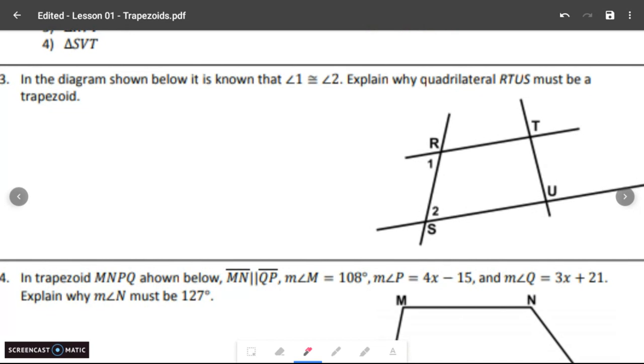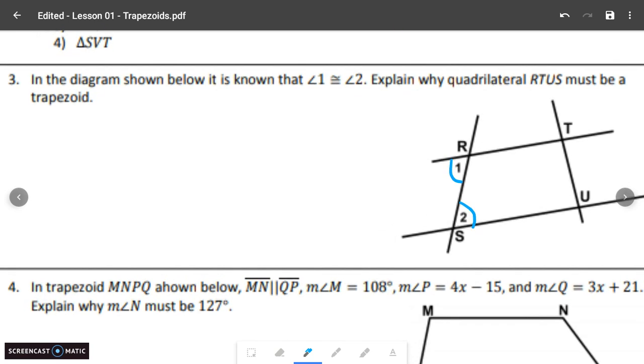In the diagram shown below, angle 1 is congruent to angle 2. Explain why the quadrilateral shown must be a trapezoid. Well, trapezoids have one property and only one property. They have at least one pair of opposite sides that are parallel. Think about what angles 1 and 2 are.